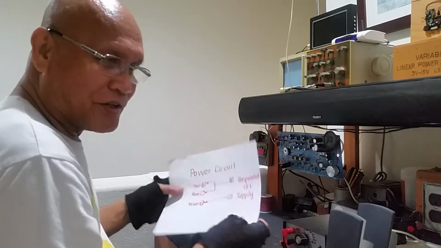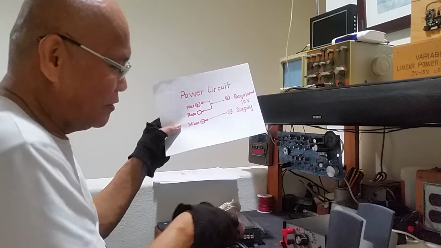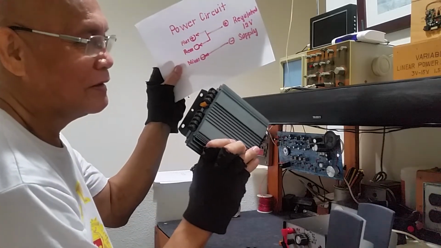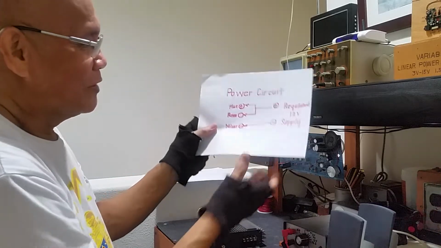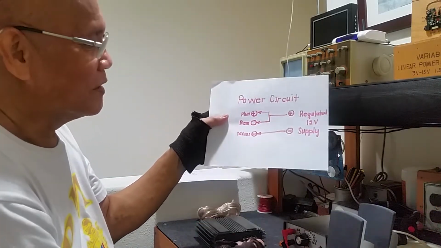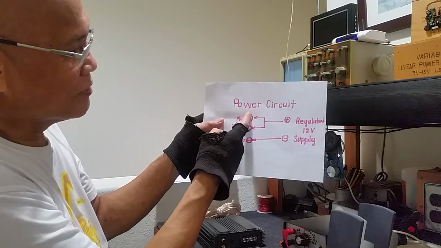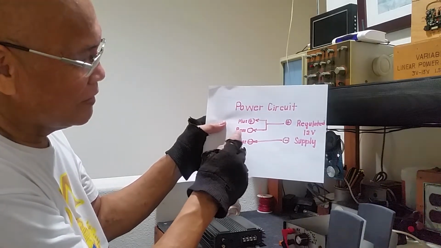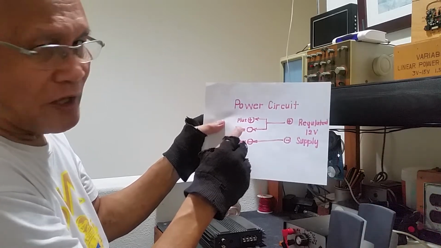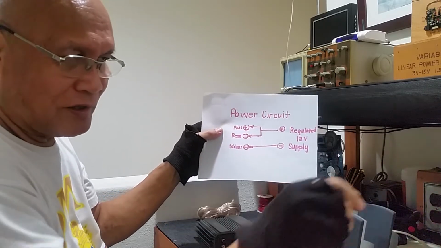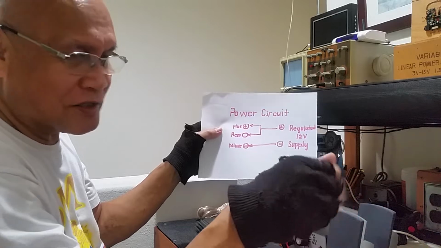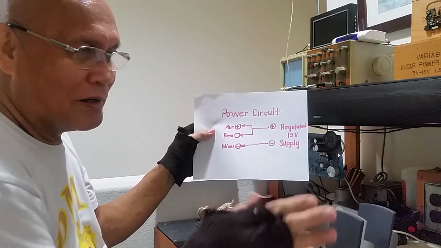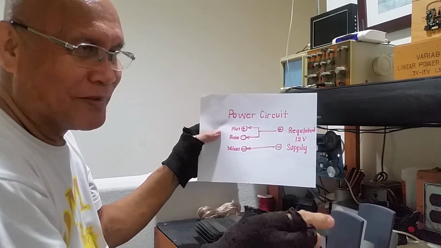Let's discuss the power circuit, the one that will energize this amplifier. For the power circuit, it has 3 terminals. It is the plus terminal, and the REM terminal, meaning remote terminal. The equivalent of this remote terminal is the switch. It is actually the switch that you flip on in your car when you want to hear music.